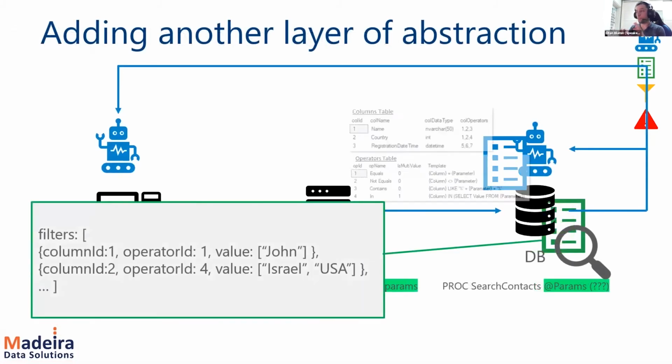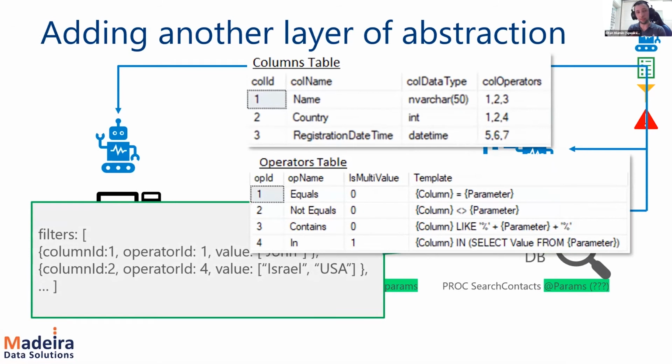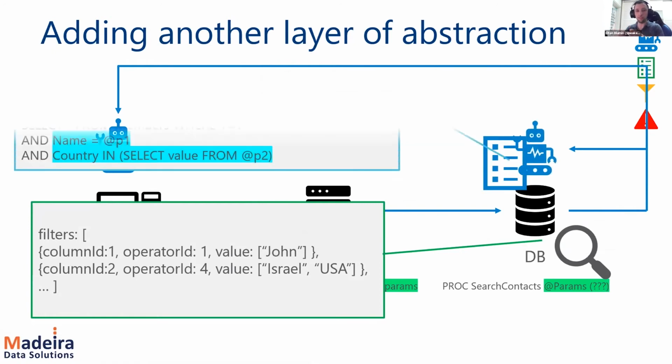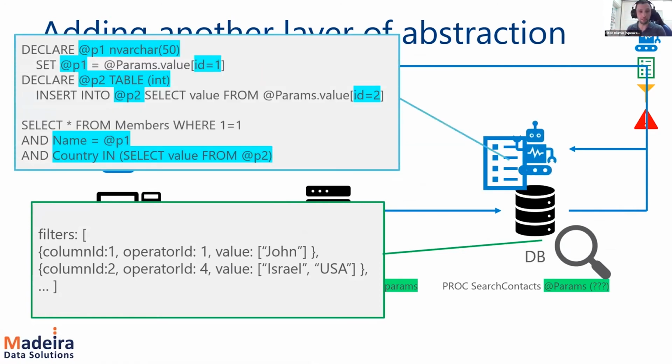And then once the database has a set of values provided by the user on the one hand, and on the other hand it has the metadata, which is the list of columns and the list of operators, it needs to combine everything together and dynamically construct the query, which looks something like this.